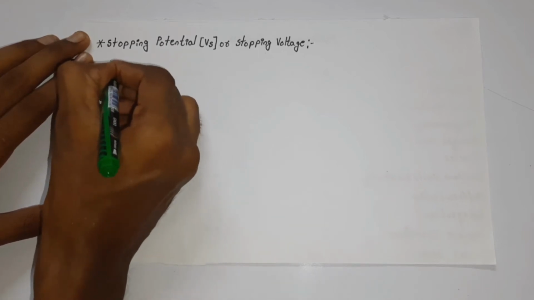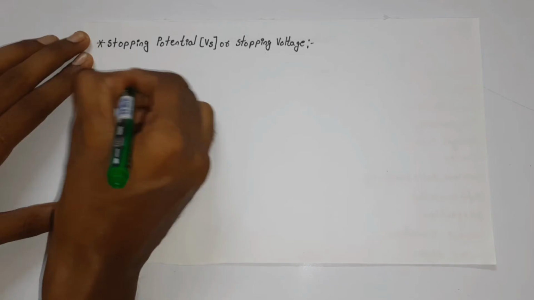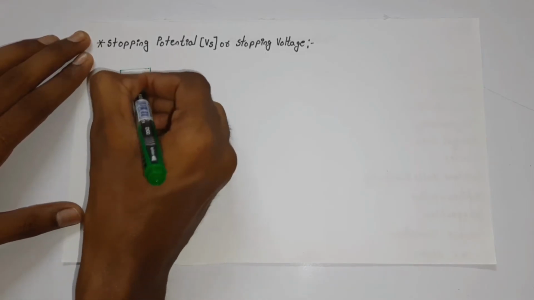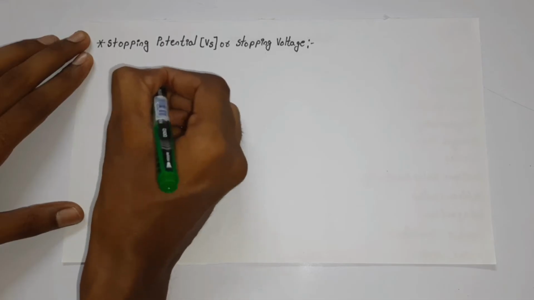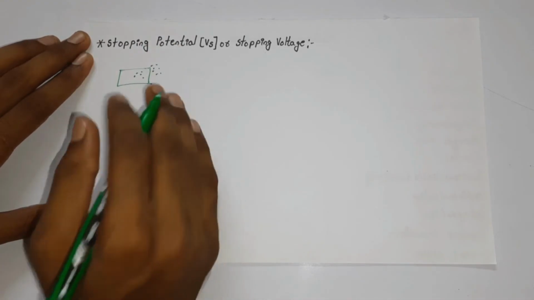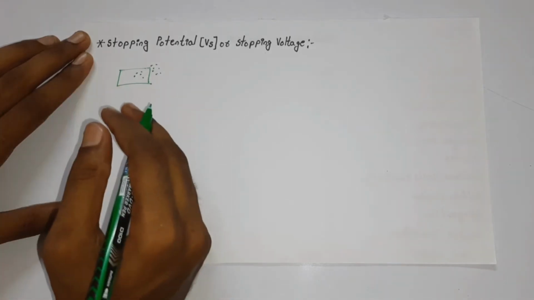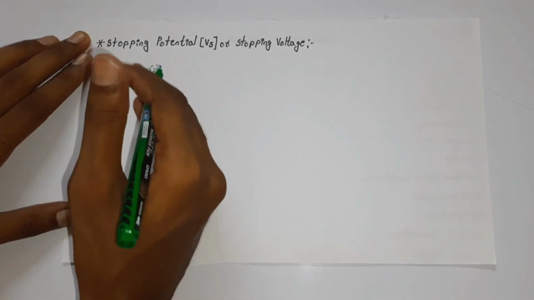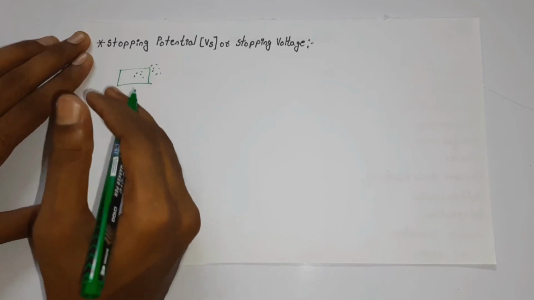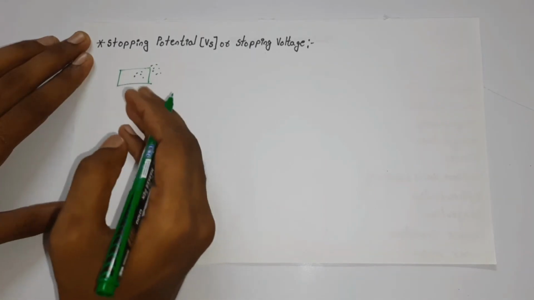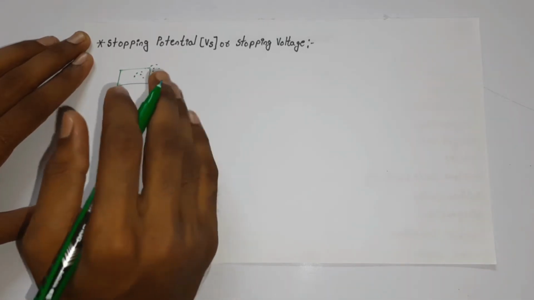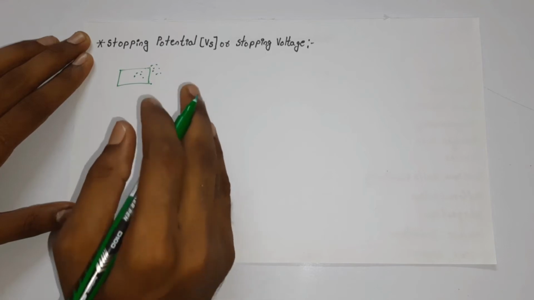So when the light ray falls on the metal, the electrons will try to emit from the surface of the metal, and the voltage difference required to stop these electrons, which are emitted from the plate and create a current in this photoelectric experiment, is called the stopping potential or stopping voltage.